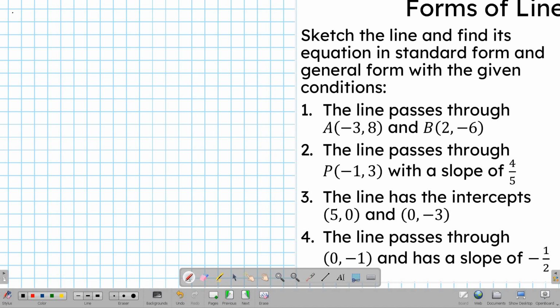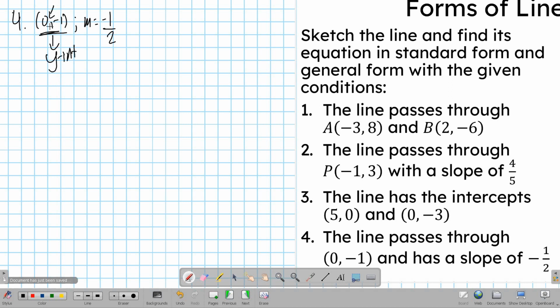In number 4, we are told that the line passes through the point 0, negative 1 and has the slope of negative 1/2. Ngayon, ang tanong, hindi po ba yan point slope form? You can use point slope form, but if you are going to check it carefully, this actually is a y-intercept.